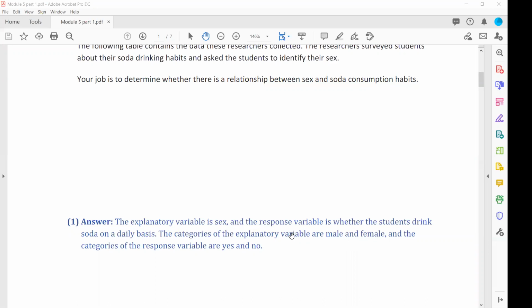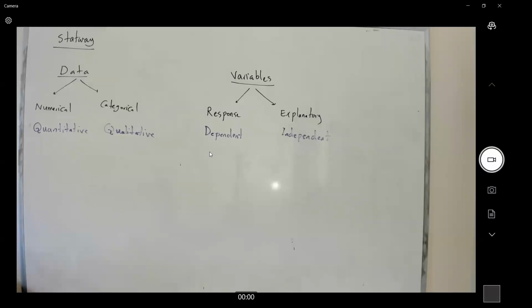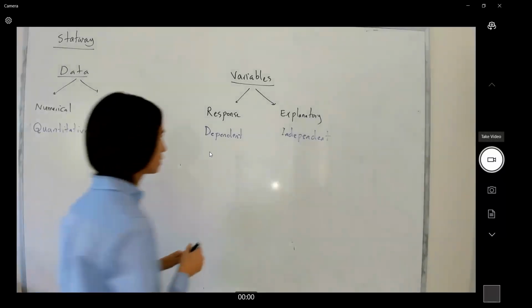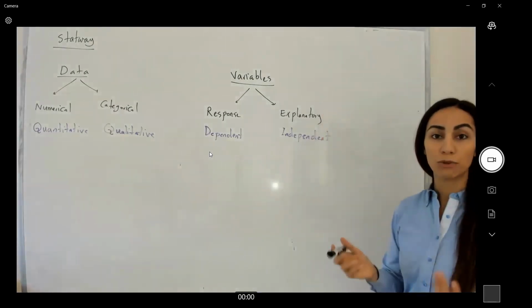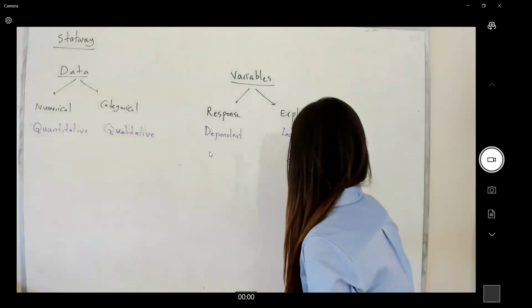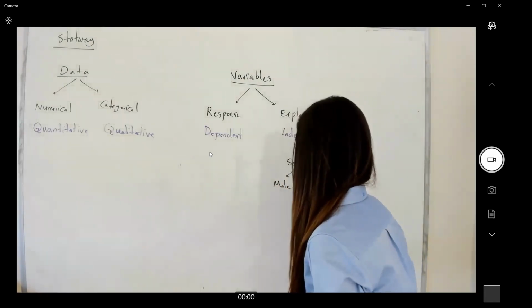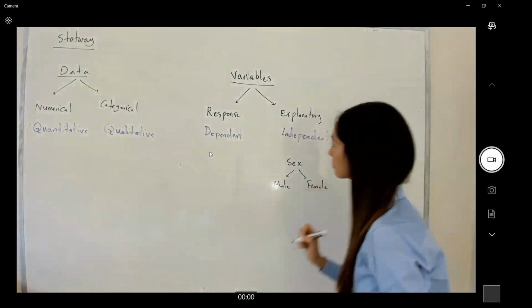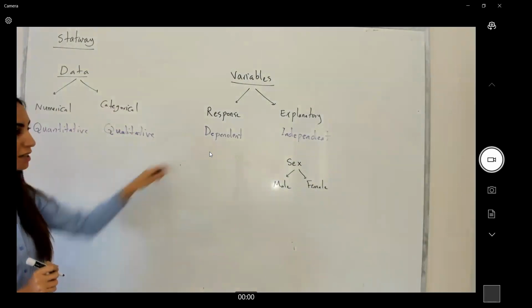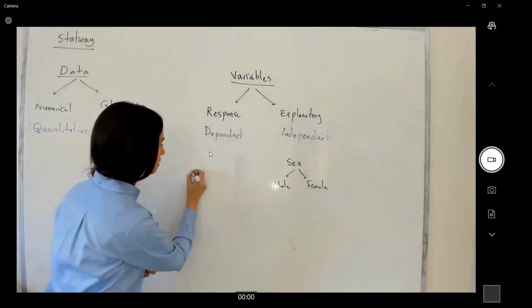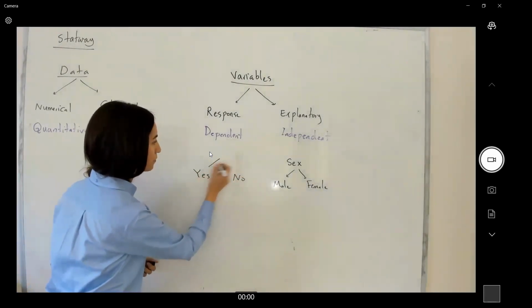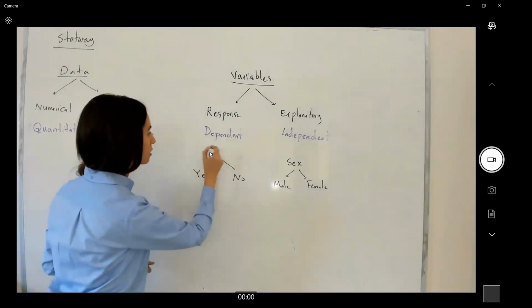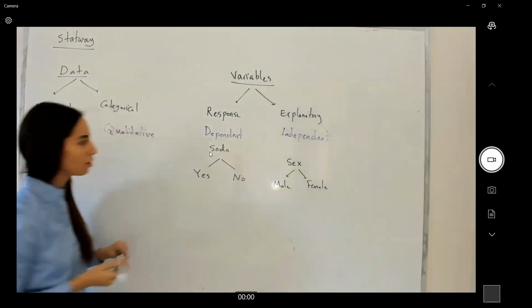The categories of the explanatory variable are male and female, and the categories of the response variable are yes and no. The response is either they drink soda on a daily basis or not.